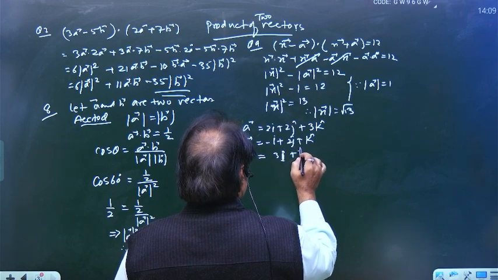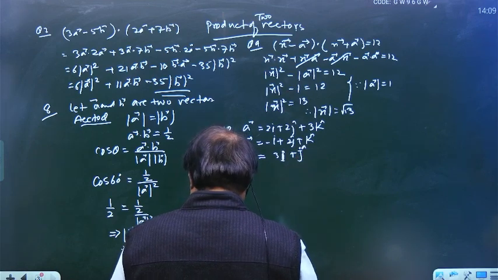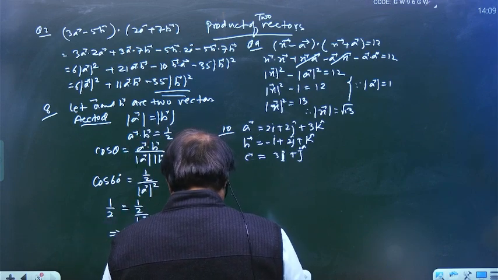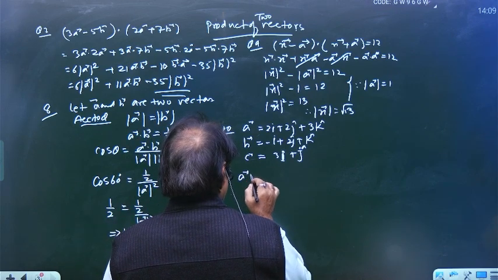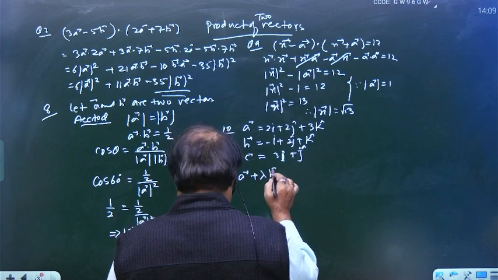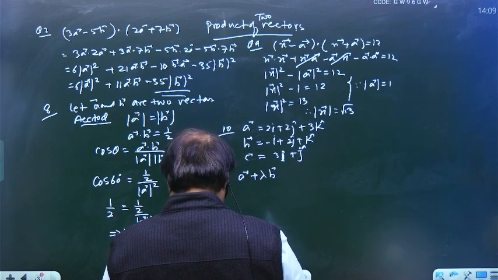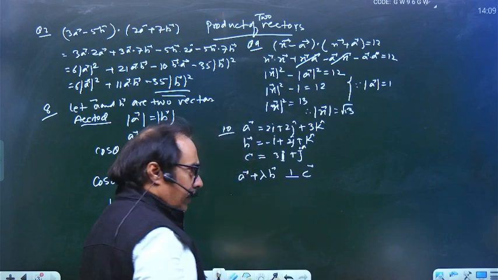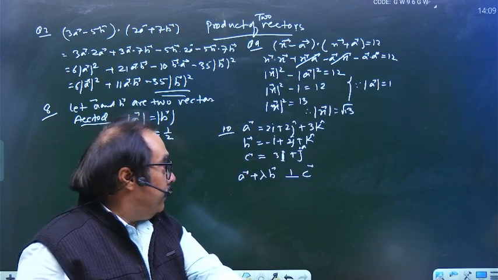They are such that a plus lambda times b vector is perpendicular to c vector. This condition is given.